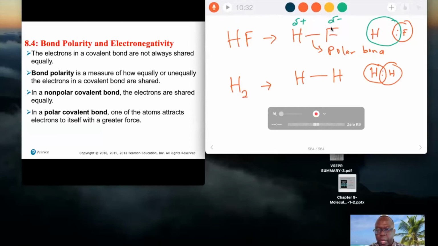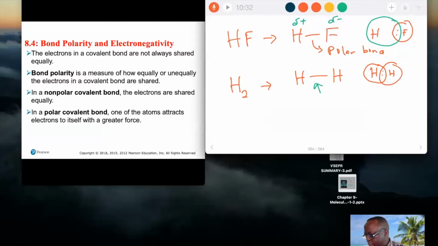This is more electronegative. This is the least electronegative. We call this a non-polar bond, equal sharing. Bond polarity is a measure of how unequally electrons in a covalent bond are shared.